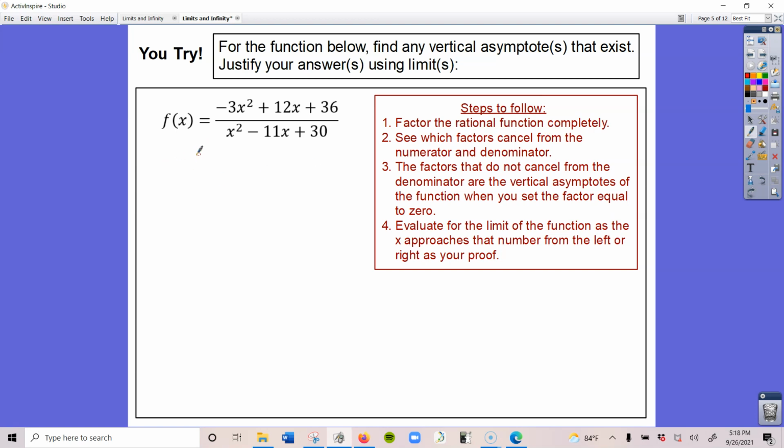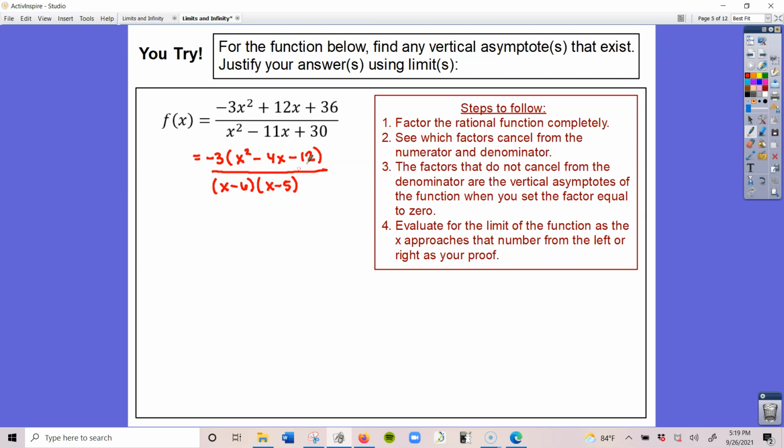So let's go ahead and factor. In the numerator, I notice that I can factor out a negative 3. And when I do that, I get x squared minus 4x minus 12 over x squared minus 11x plus 30, which can be factored as x minus 6, x minus 5.